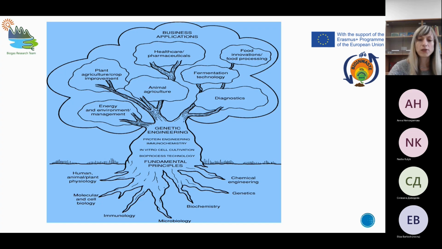We see fundamental principles that involve knowledge from different sciences, such as microbiology, chemistry, genetics, immunology, human and animal physiology, and biology, and this knowledge grows into engineering applications and soon business applications, bringing byproducts from these fields to the market.